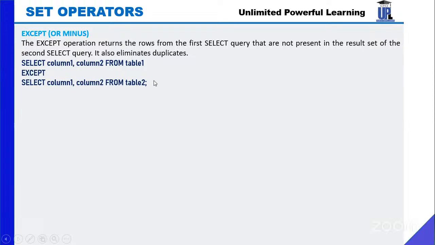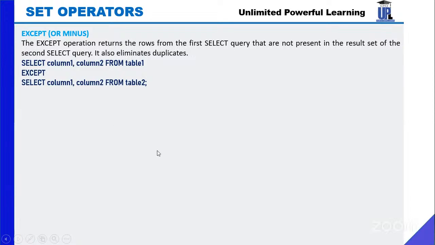Minus or difference is set A minus set B. Except returns the rows from the first select query that are not present in the second select query. If a row is not available here and is only available here, it will be shown. Common rows will be removed. This is what we call minus.